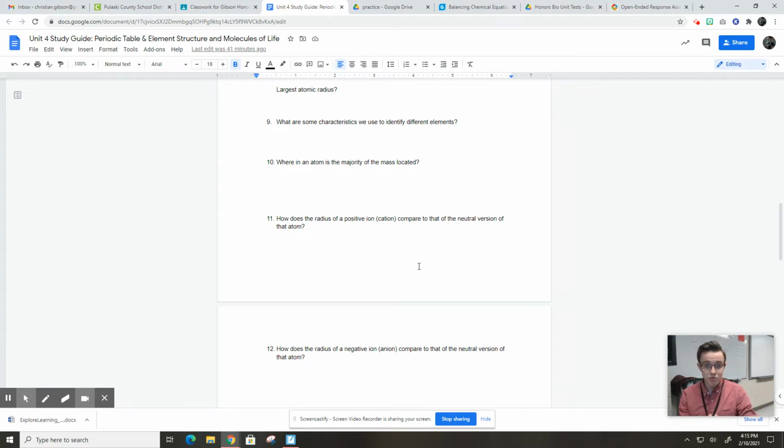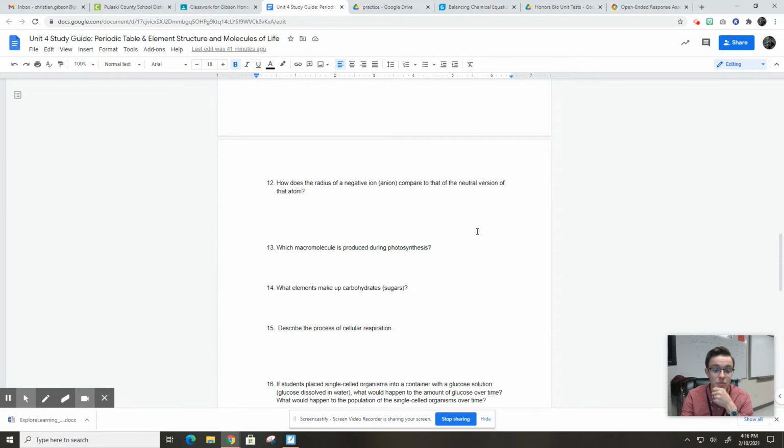If an atom is neutral, it has the same number of electrons and protons. If you remove an electron, now it's going to have more protons than electrons, making it positive. Because it's lost an electron to become a positive ion, its radius will actually get smaller. So the radius is smaller in a cation than when that atom is neutral.